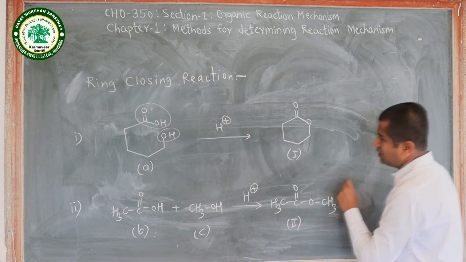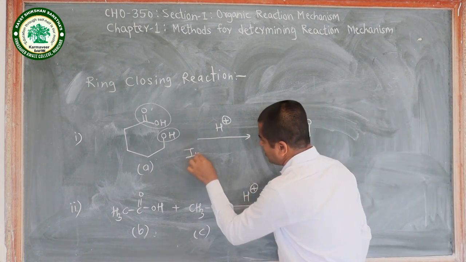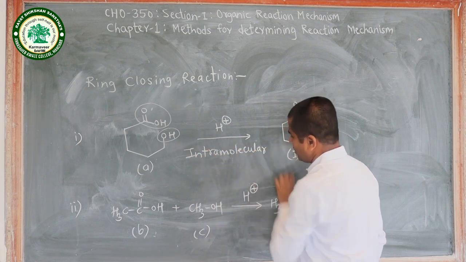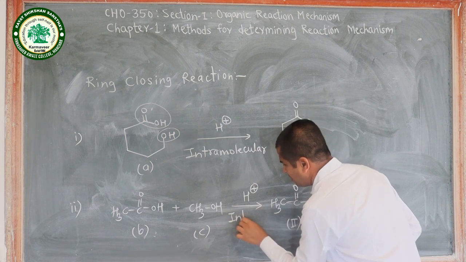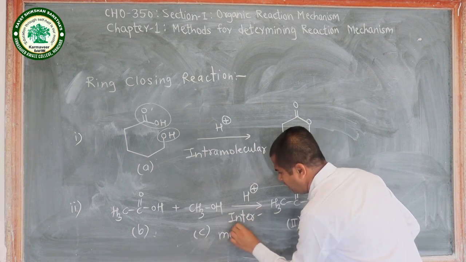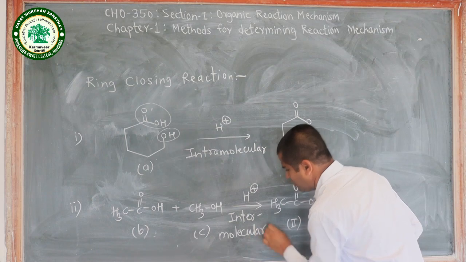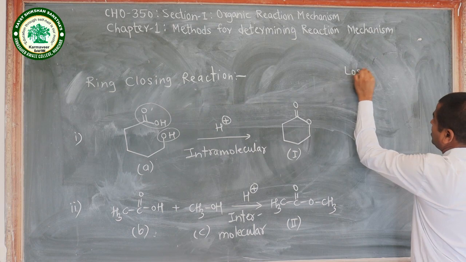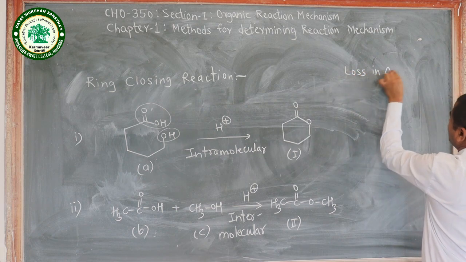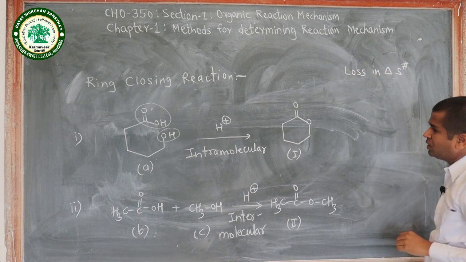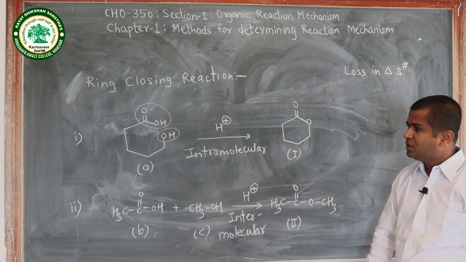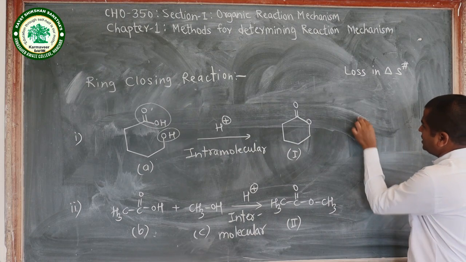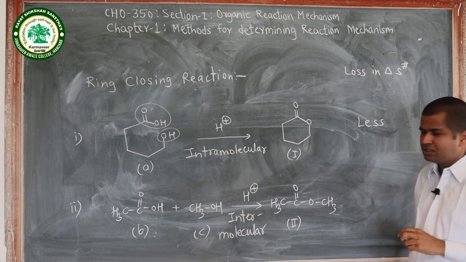So this reaction is an intramolecular reaction and this one is an intermolecular reaction. And the loss in entropy of activation: in reaction 1, since there is less loss in degree of freedom, the loss in entropy is less.